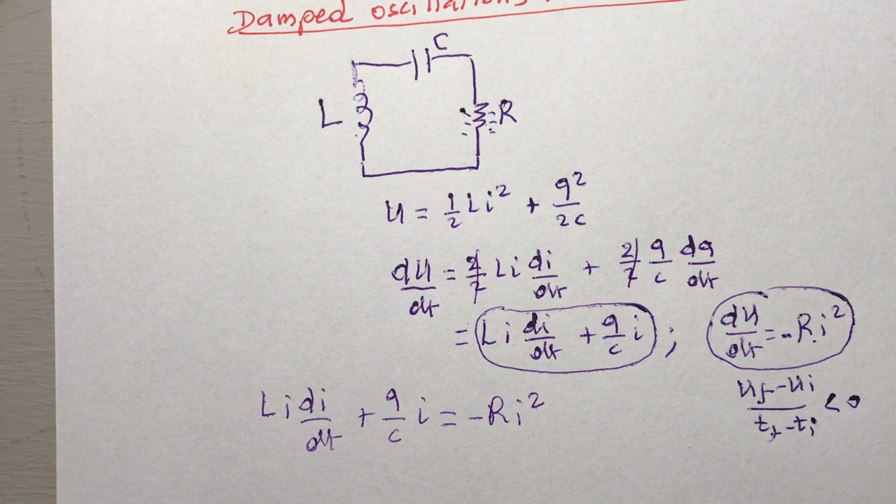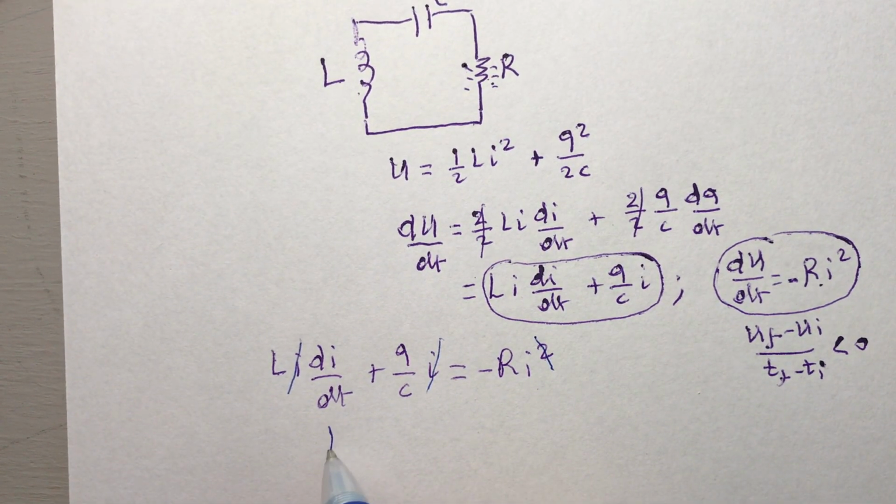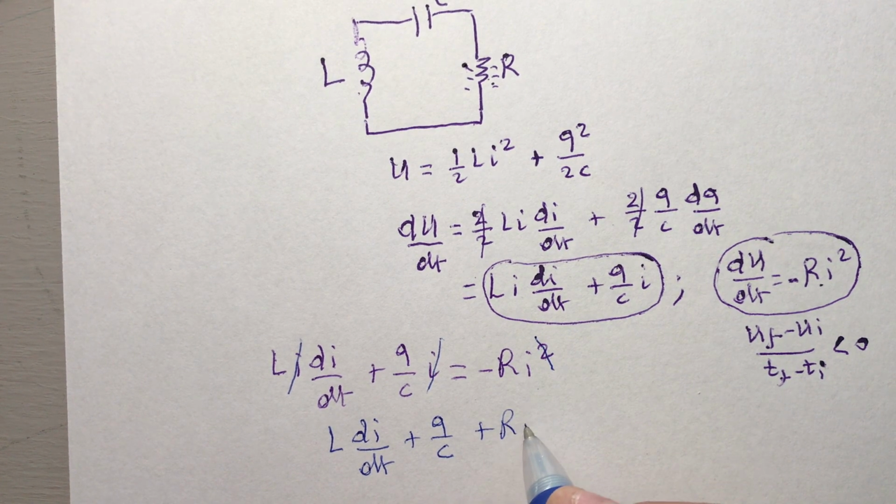Look at the current now. I have the current here, here, and here. So my equation can change now. I put L di/dt plus q/C plus Ri is equal to 0.